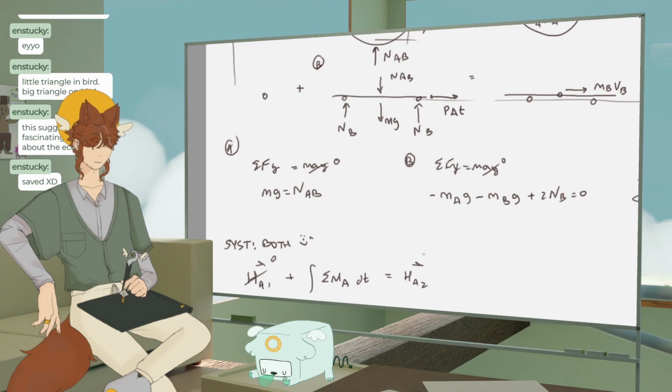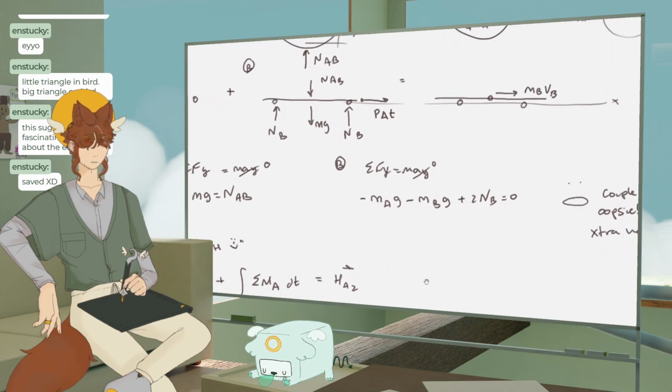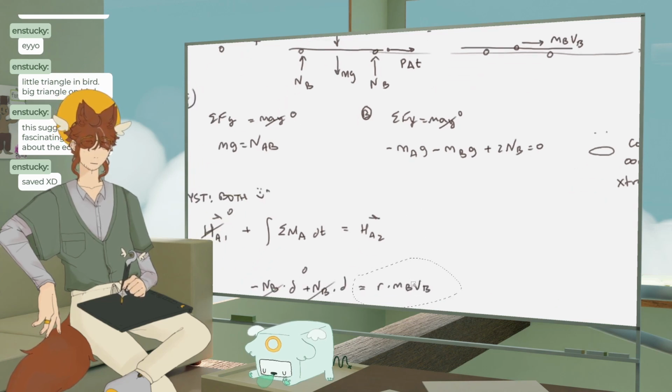Equals. Now if we do a moment about that, we can get it'd be a positive R times m v_B that. And then uh-oh, wait, maybe I created the exact same issue. Wait, no, we get P. That's what I was doing.